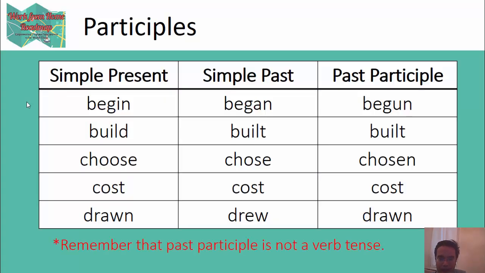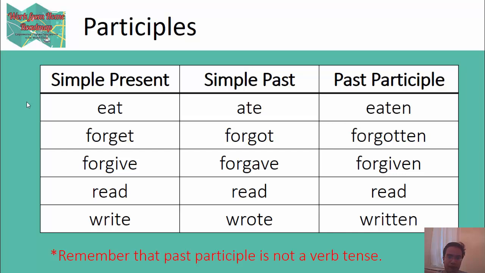We have the simple present, the simple past, and the past participle. Begin, began, begun. Build, built, built. Choose, chose, chosen. Cost, cost, cost. Draw, drew, drawn.